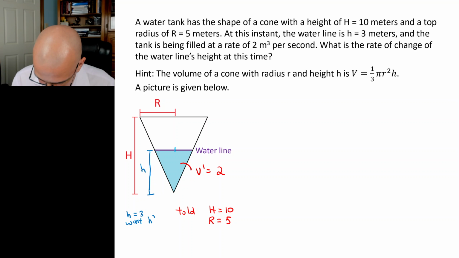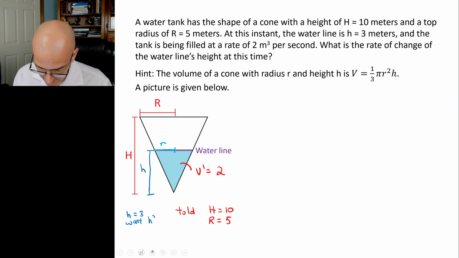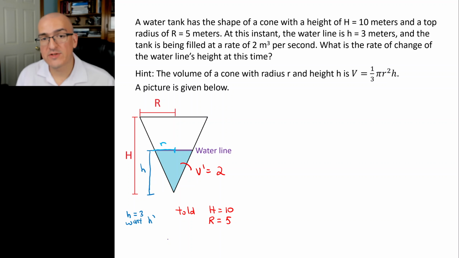So I'm going to label this little radius here little r, because we might need that. Now keep in mind, we are interested in the blue shaded region. We're interested in that rate of change of the height of that much. The other stuff, the container, that's information we'll have to take into consideration in some other way.